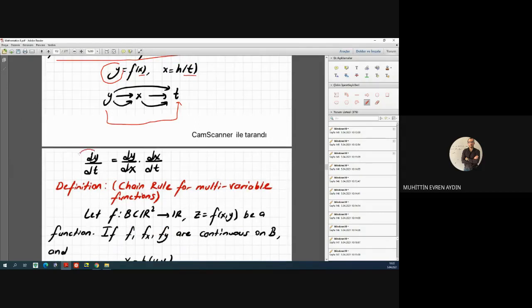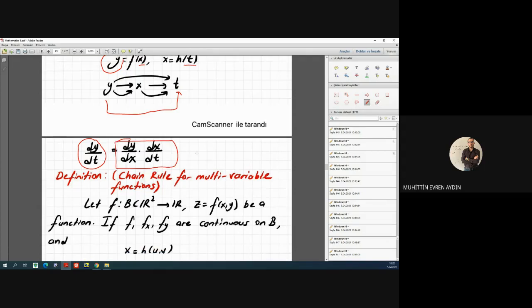And you may take the derivative of y with respect to t by using this formula, and we call this chain rule. And you can extend this rule to more than one variable.